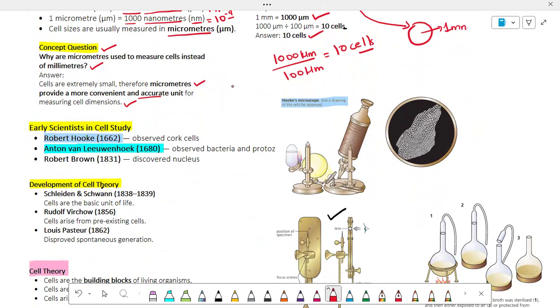Actually, the study of cells began more than 300 years ago, after the invention of different microscopes. One of the first scientists to observe cells was Robert Hooke in 1662. He used a microscope to observe cork, the cork of a plant.